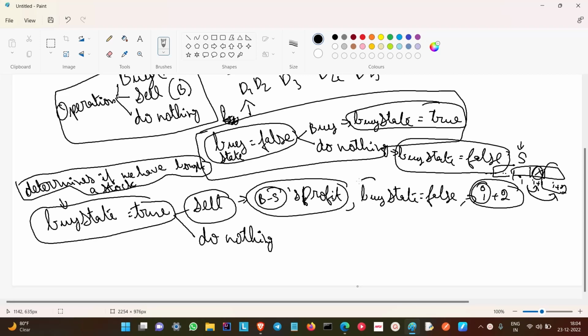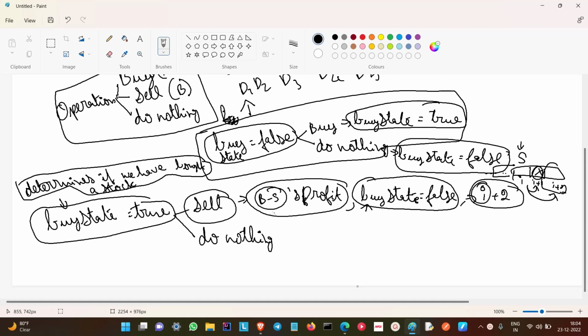So these are the three conditions here. If we sell the stock, our profit is added. Along with it, the buy state is turned to false since we sold the stock which we had bought, and we'll move to the next index.